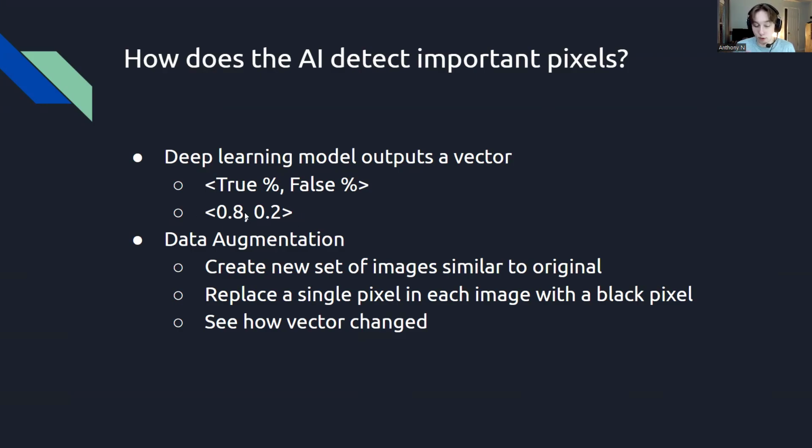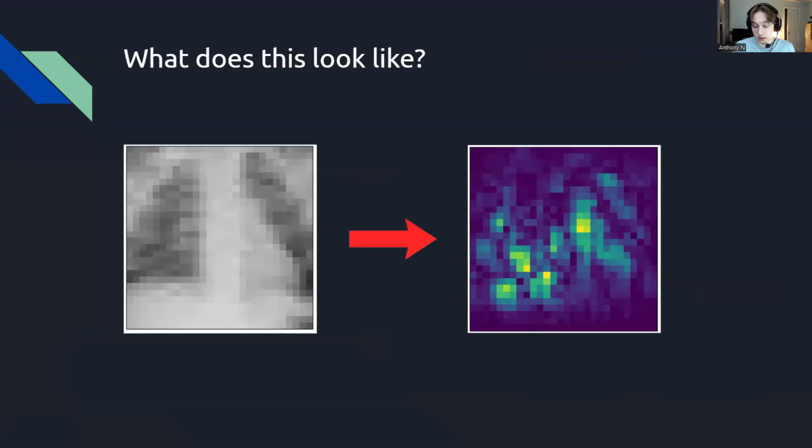Maybe I put a black pixel in the middle of my picture of lungs, and the vector changed to 0.6 and 0.4. So I know that pixel was very important, so researchers should be looking at it because it changed the prediction from 80% true to only 60% true.